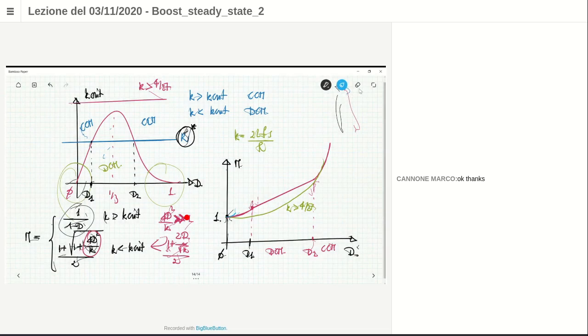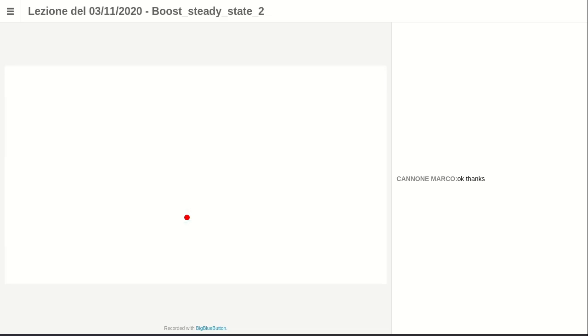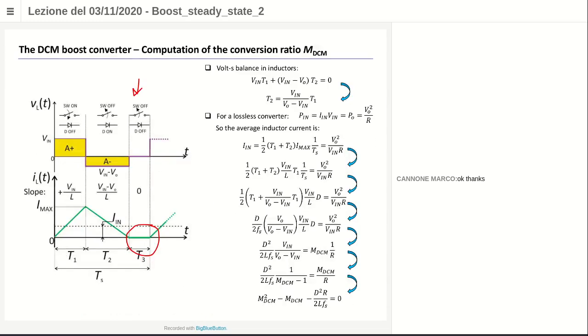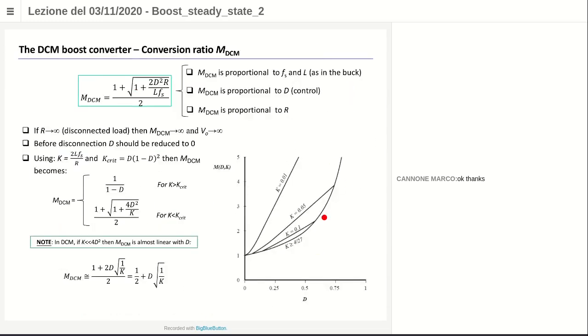For K very small, you are here, for example, operating in DCM most of the time, and so you just have a linear variation like this. So the linear part increases as K is reducing. It is much better that you can see the waveform in the slide here. Okay, this K is reducing, rising up.